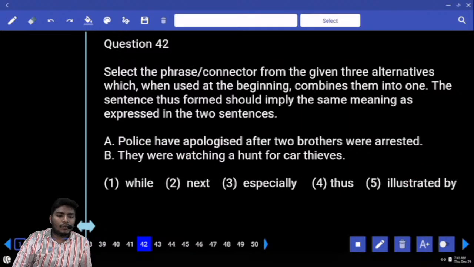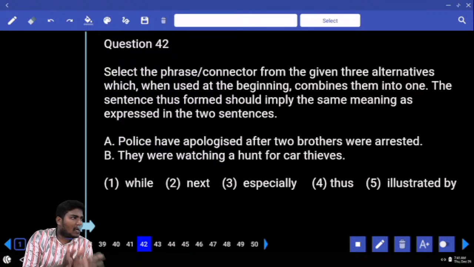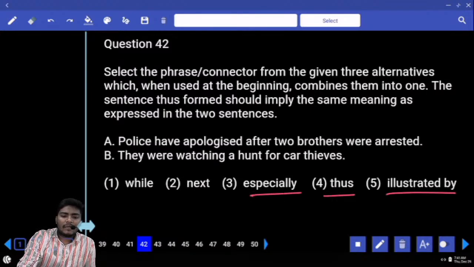Next, move to 42. Police have apologized after 2 brothers were arrested. They were watching a hunt for car thieves. See, first they are actually on a search for the car thieves. By mistake they arrested 2 brothers. Got the point? Now look at the given options. Illustrated by, thus, especially, next.